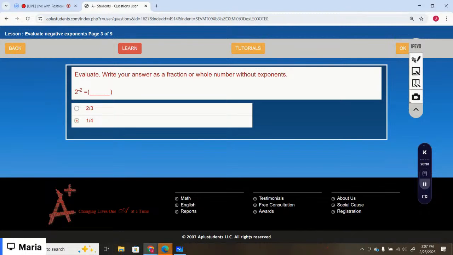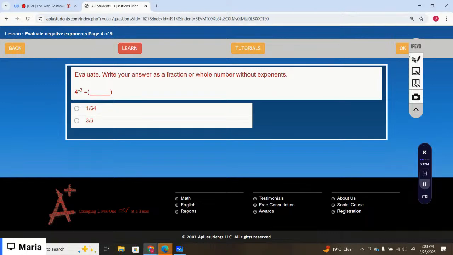Option number 2 is the correct option. 4 exponent negative 3.